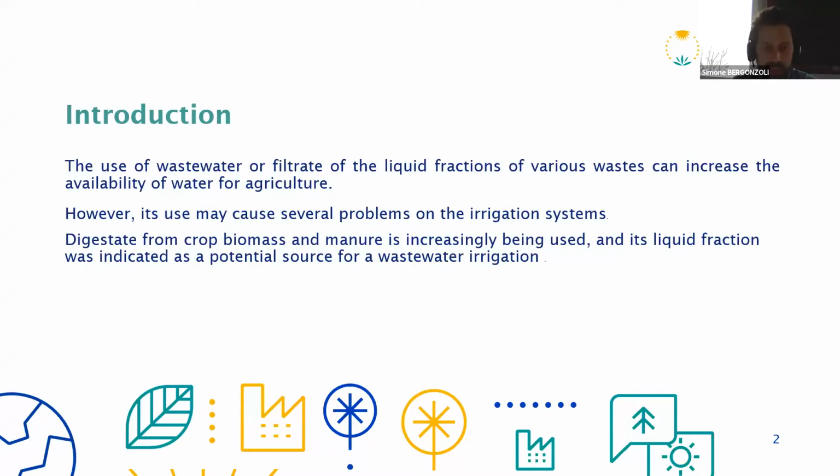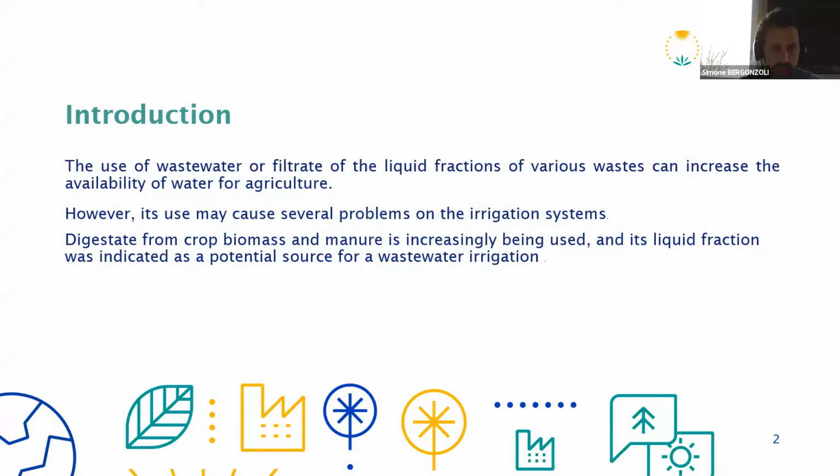It is still an untapped biomass, mainly because it can cause several problems when used in microirrigation, due to clogging of the system or cloggings inside the pipes.